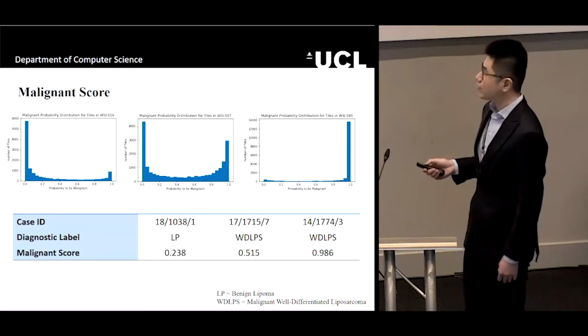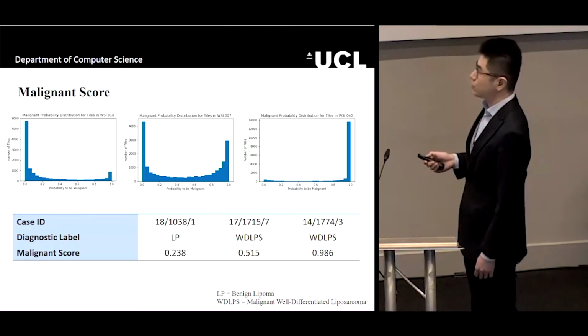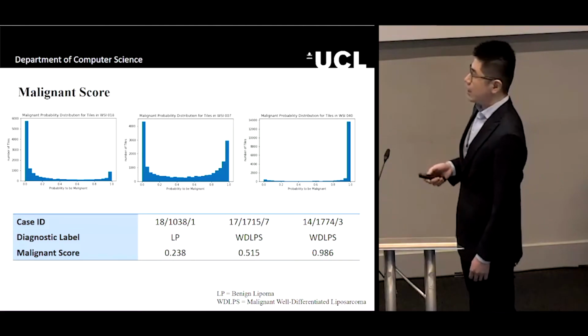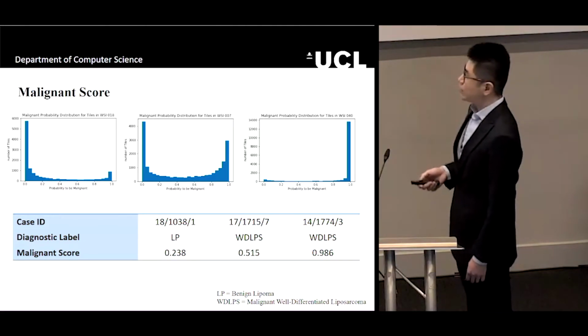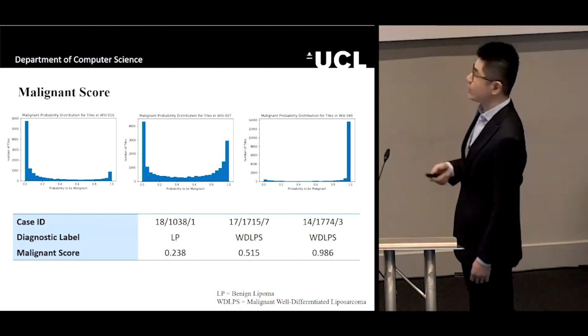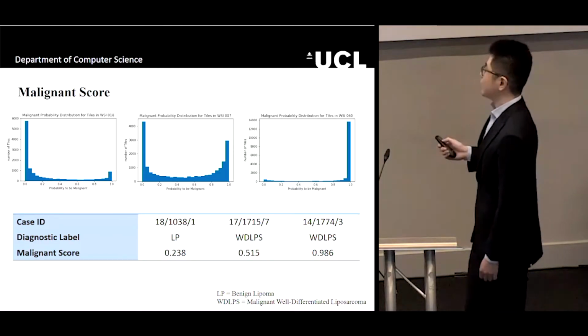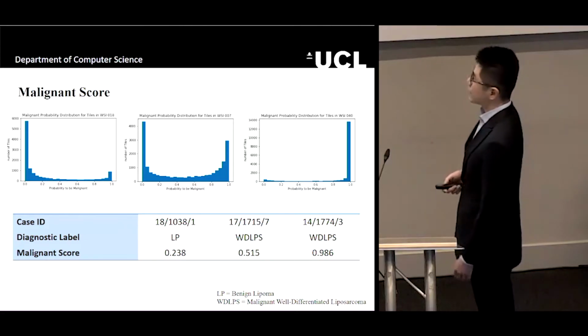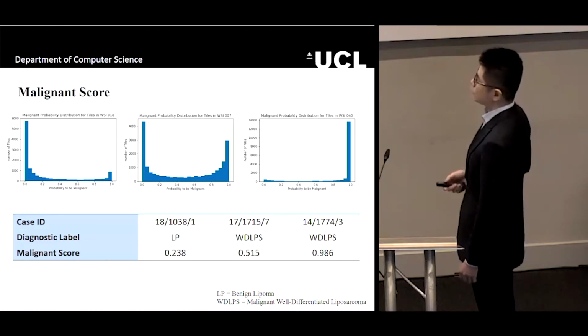For the first one, we've got 0.238, which is a very low malignant score, and this means the first whole slide image is likely predicted to be benign. The third one has a very high malignant score, which means this whole slide image is likely predicted to be malignant.